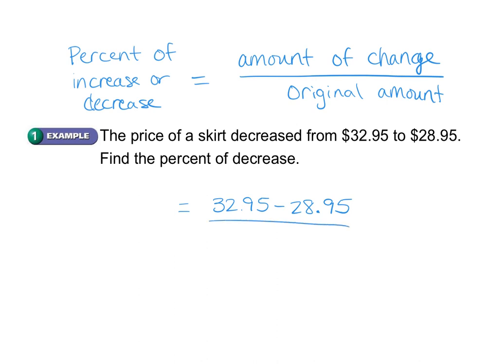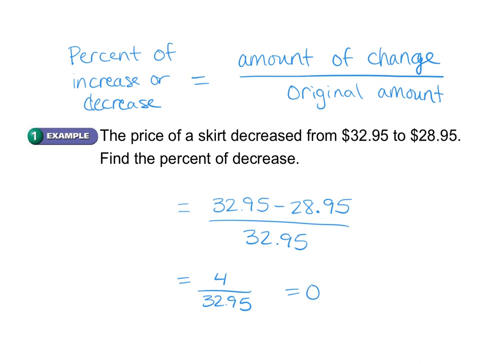Then we will divide all of that by the $32.95, the original amount. So when I subtract $32.95 minus $28.95, I find that there's a $4 decrease, and I divide that by the $32.95.